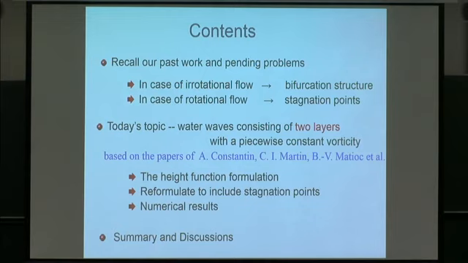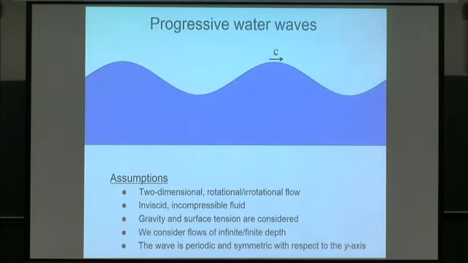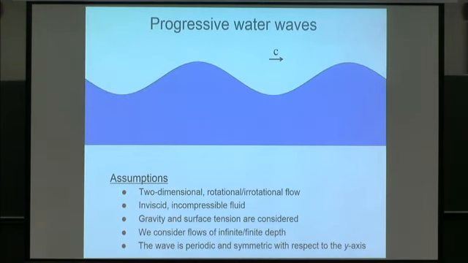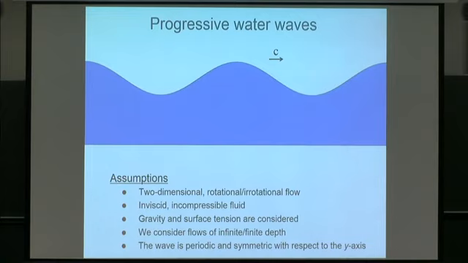But before that, I will recall our past work that motivated this work. The problem discussed here is to look for progressive water waves which move to the right at speed c, and we consider the usual assumptions.